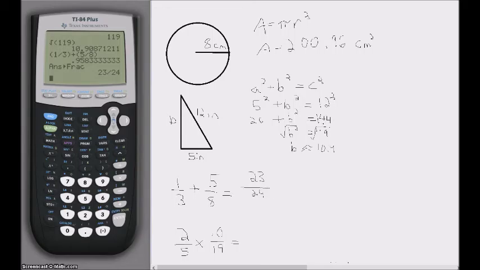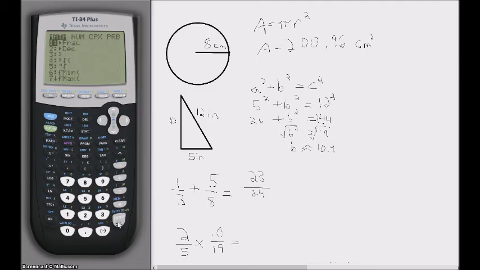I can do basically the same thing for multiplying or dividing or subtracting. This one I happen to have multiplying. So 2 divided by 5 in parentheses times parentheses 10 divided by 19. Again, it gives me a decimal. So I hit the math key.